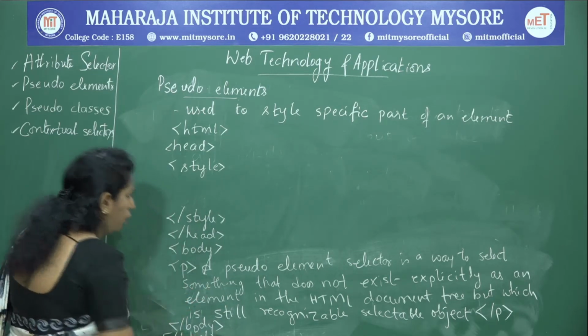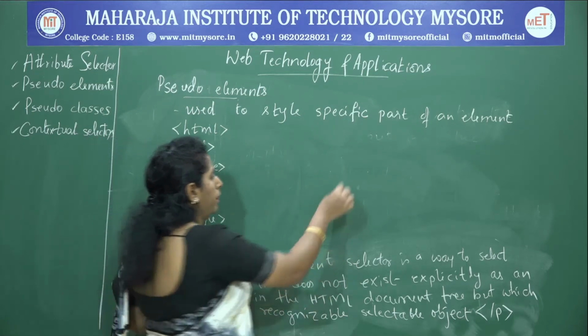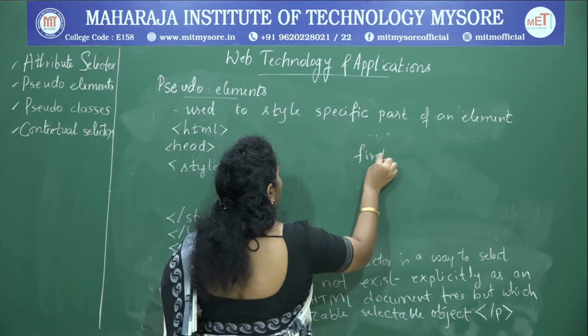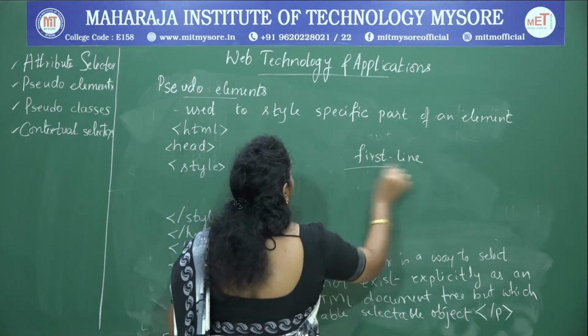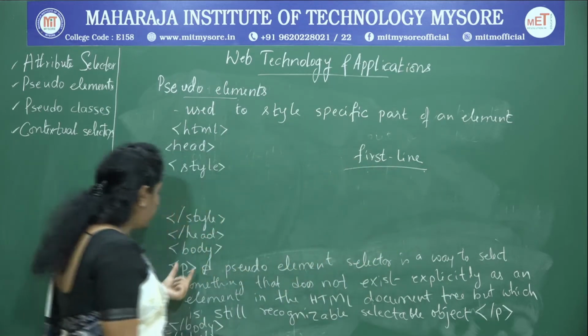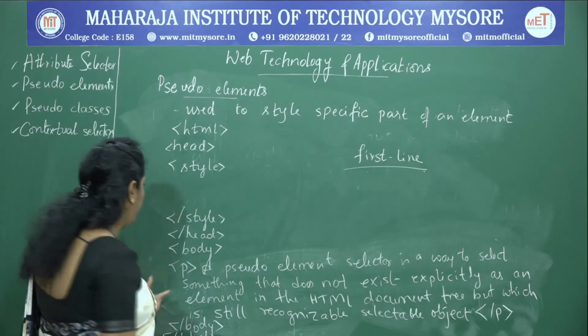So now I told you that I am going to implement a property to style the first line of the paragraph. So the pseudo element is this one only. For which element do I have to set the property? The paragraph tag.